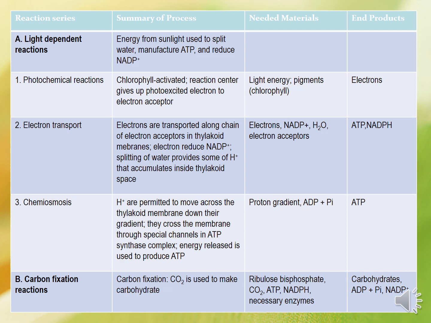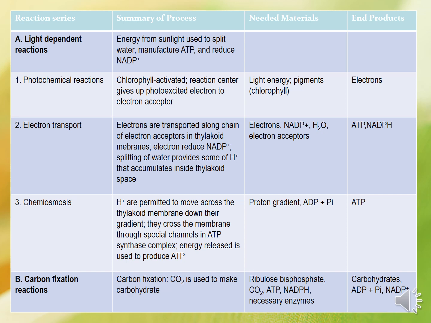Of course, when you transport the electron, you require electron acceptors. The types of electron acceptors used in the light reaction are PQ, plastoquinone, the cytochrome complex, and PC, which is plastocyanin. Then they also need ferredoxin and NADP plus reductase. All of these, for example, reduce NADP plus.